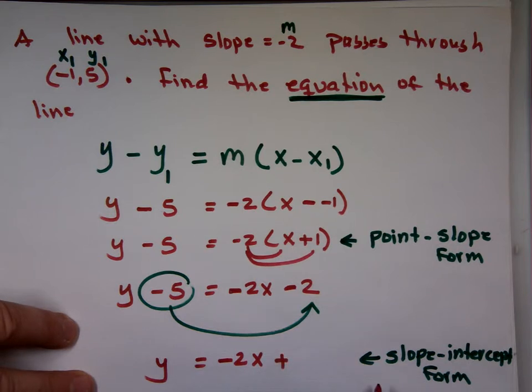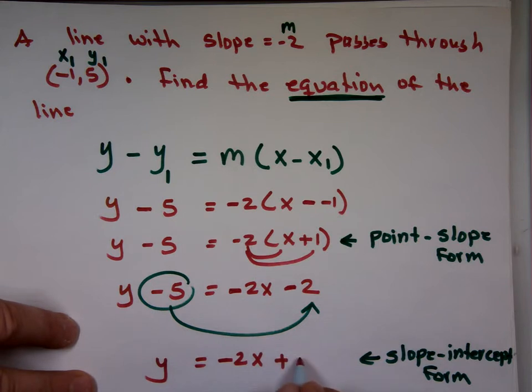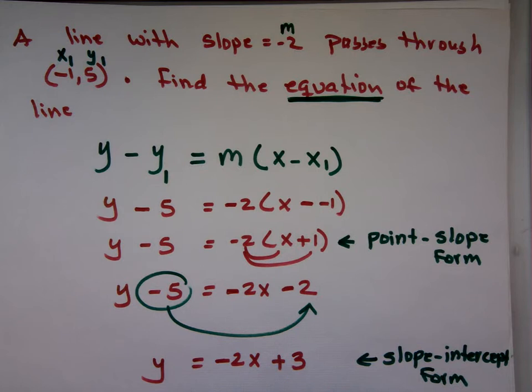Well, -2 plus 5, which is +3, right? And that'll be the slope intercept form. So if they say find the equation of the line, boom, you're going to be thinking about this one. That's the one to use. The other one's just solved, and after that, just simplifying it.